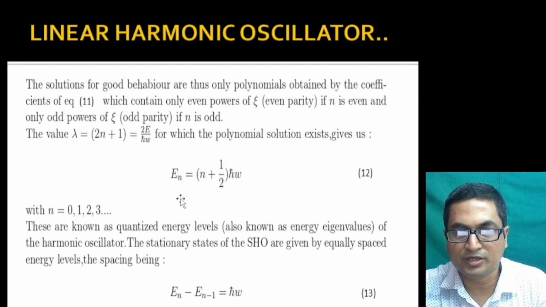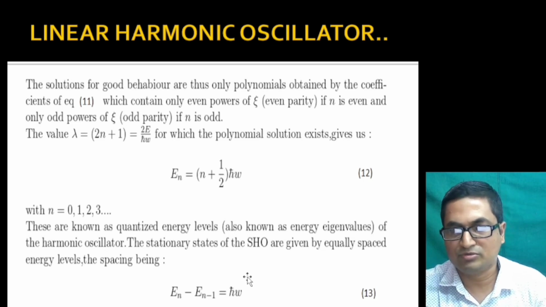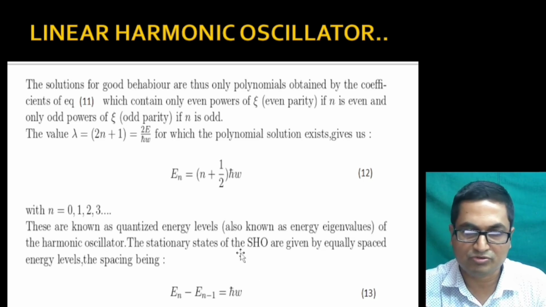If you put n equal to 1, it will be 3 by 2 h cross omega. If you subtract E0 from E1, E1 minus E0, then it will be h cross omega, which is shown as a generalized condition 13. E(n+1) minus En is h cross omega. So the energy levels will be equidistant with a difference of h cross omega.